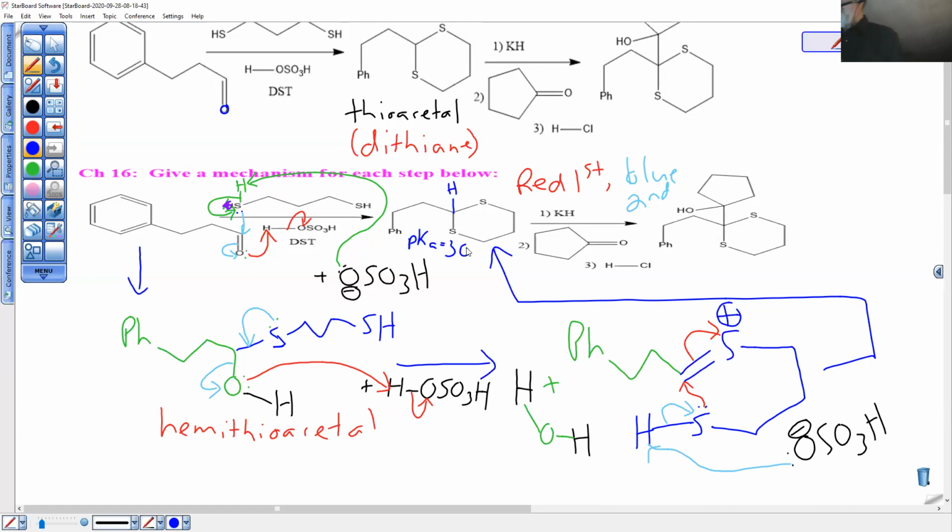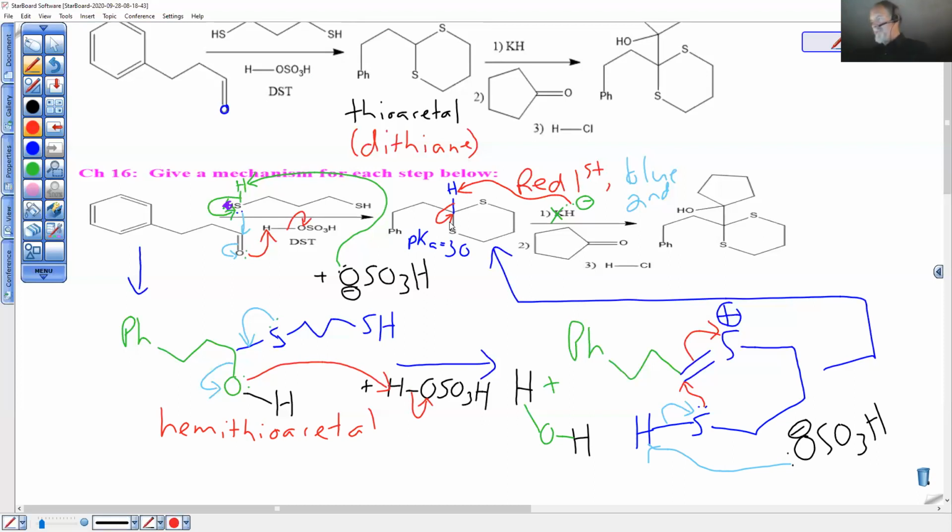And we can use that strong base, hydride in this case, to grab the H. We're going to be generating a nucleophile, a carbon nucleophile. That gets exciting. Carbon nucleophiles can attack things.